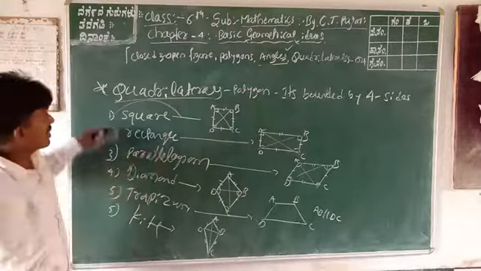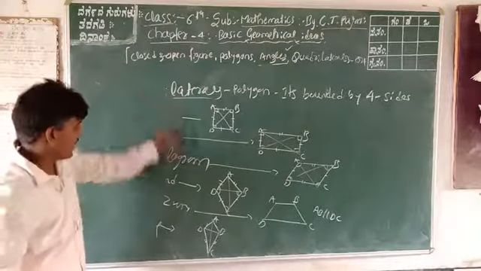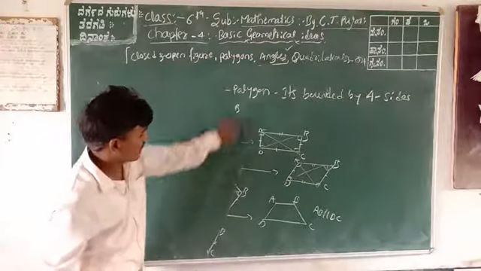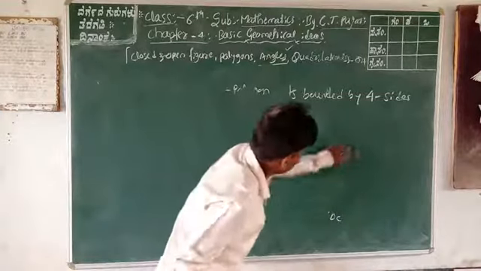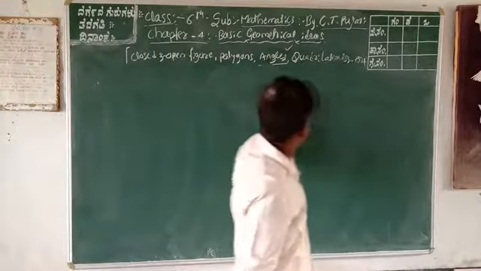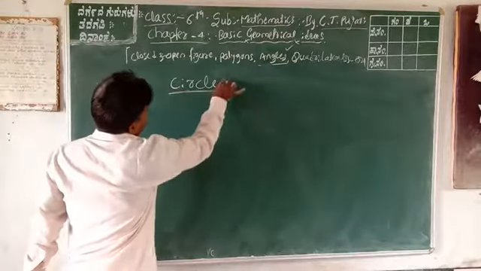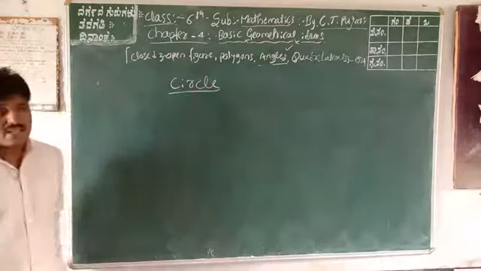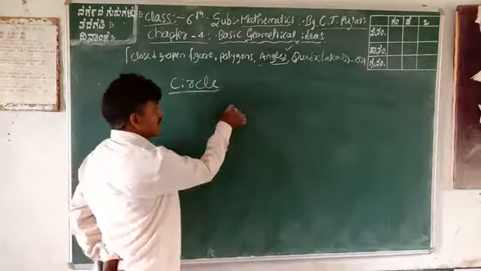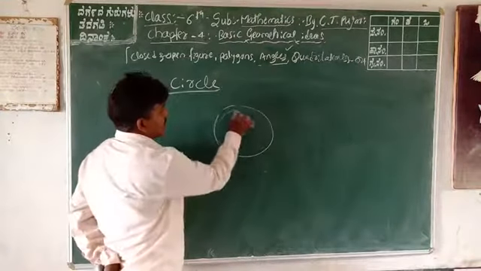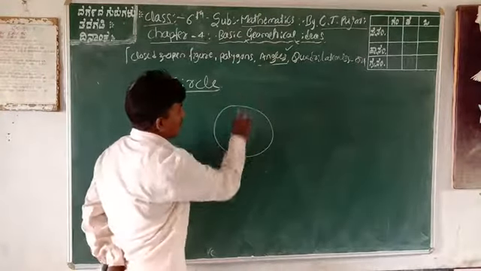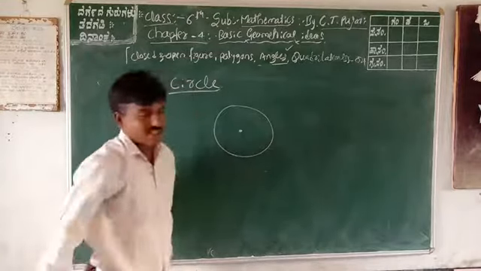The last concept is the circle. What is a circle? This is your circle. What is the definition of a circle?